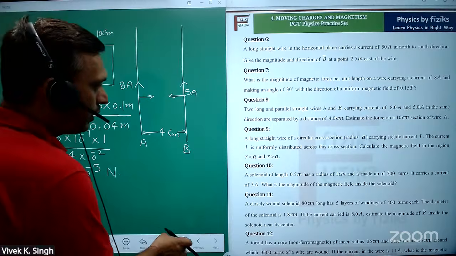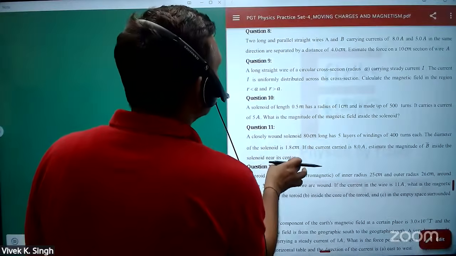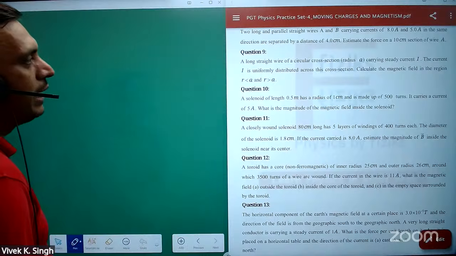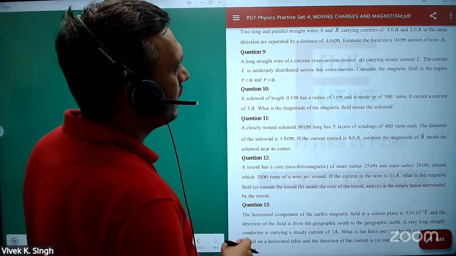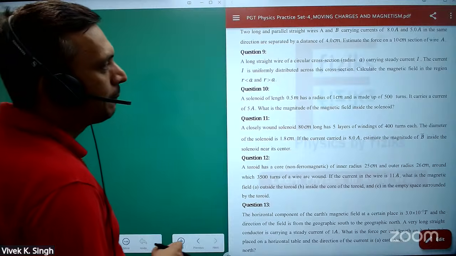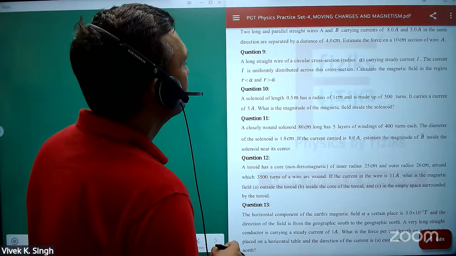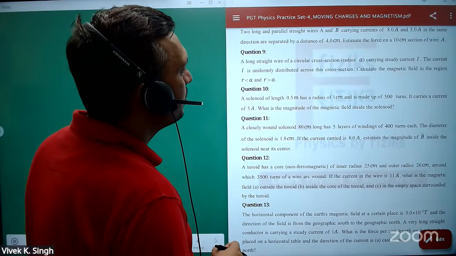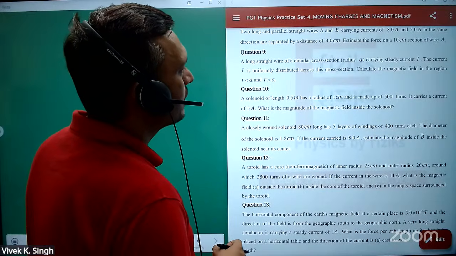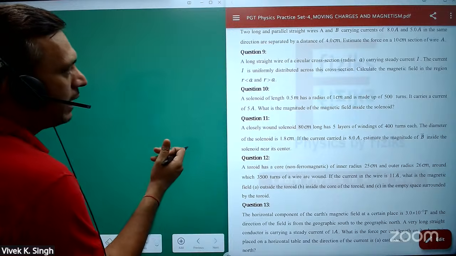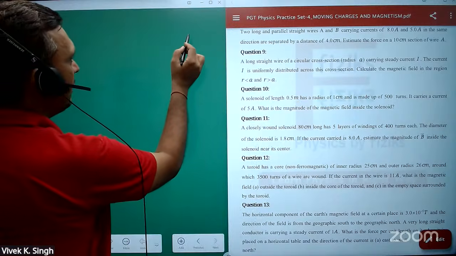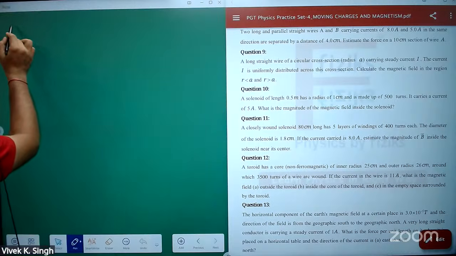Question number 9 is a long straight wire of circular cross section of radius A carrying a current I. The current I is uniformly distributed across this cross section. Calculate the magnetic field in the region r less than A and r greater than A.